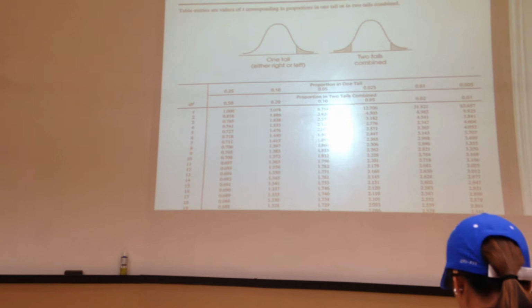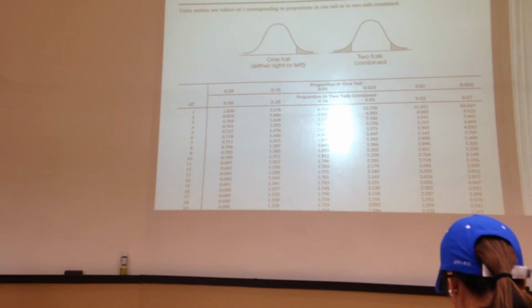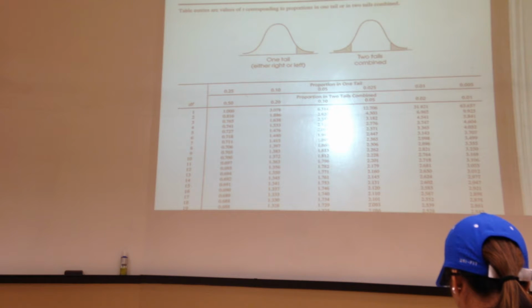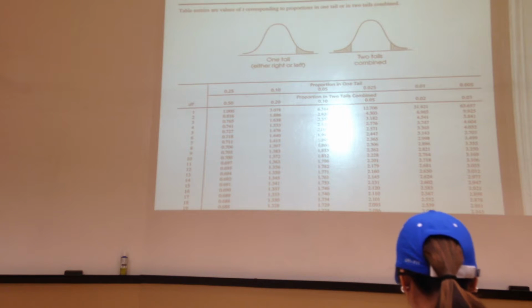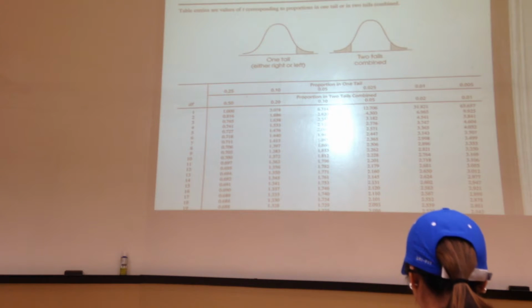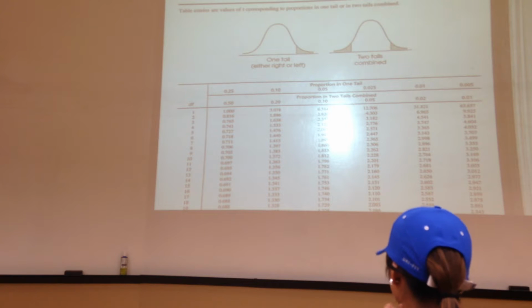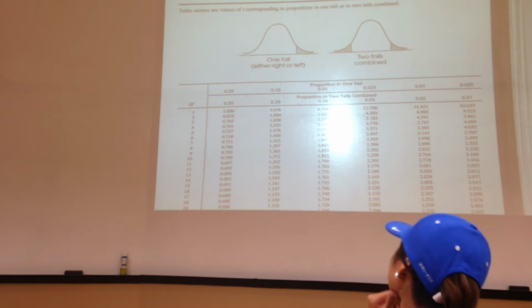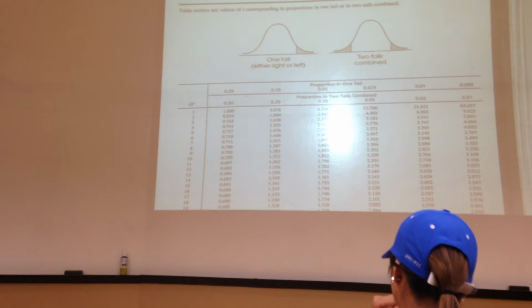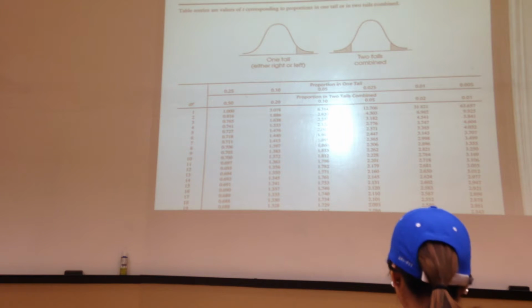You can think of that specific directional prediction like a spotlight. It focuses the attention on one end of the distribution because you're pretty sure that's where you're going to find your answer. You're just going to ignore the other part because you're pretty confident it's not going to be over there.